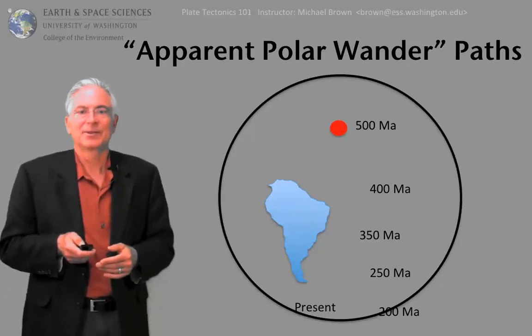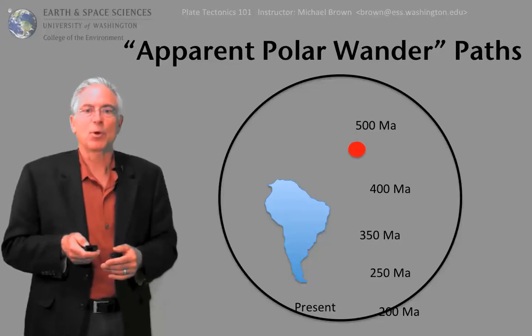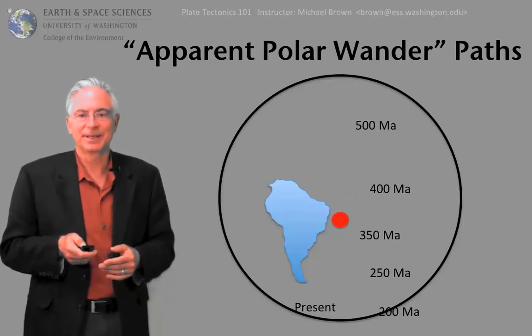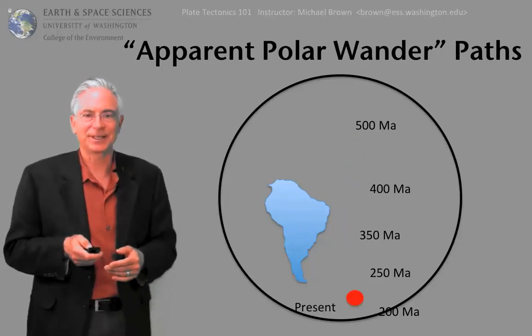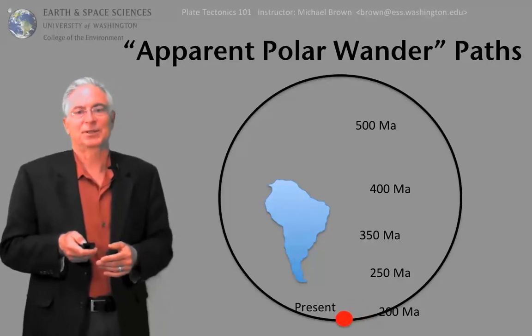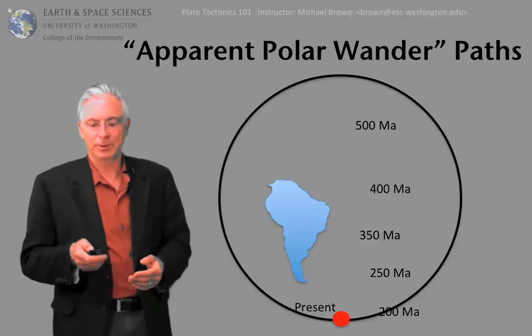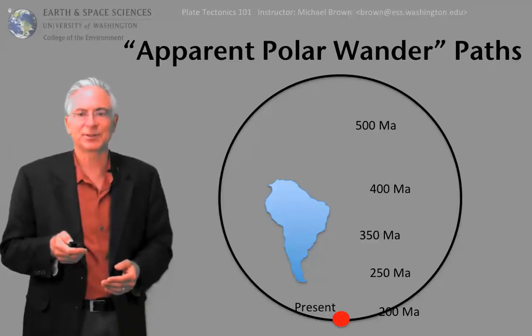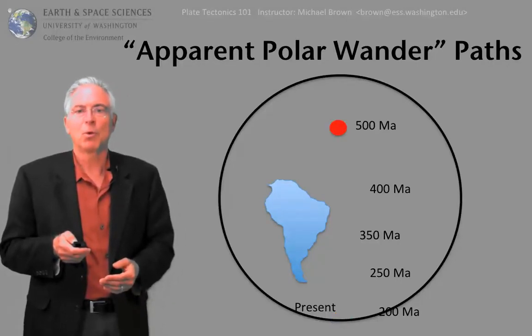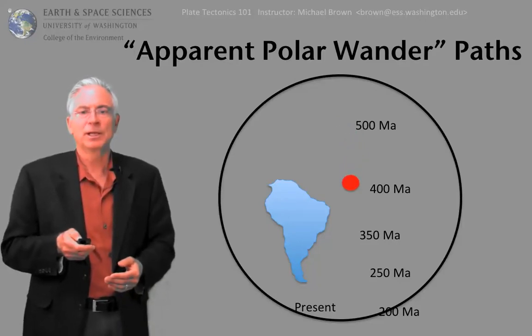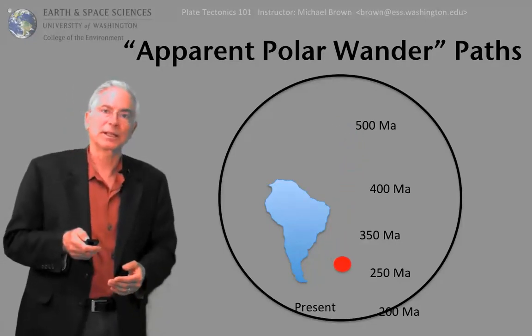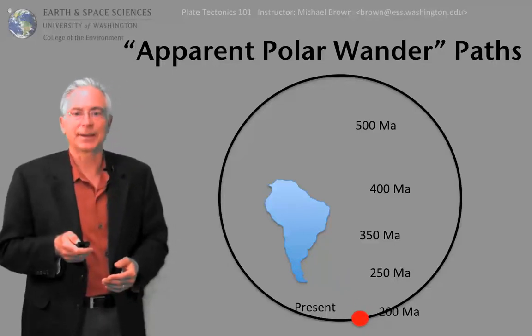Now, that pole moved through time until currently the pole is appropriately at the South Pole. Let me go back and do that again. So this apparent polar wander path represents a path that the magnetic pole took relative to South America through time.